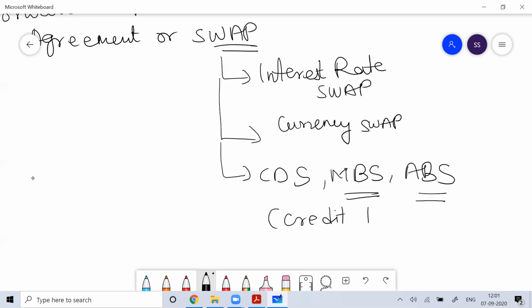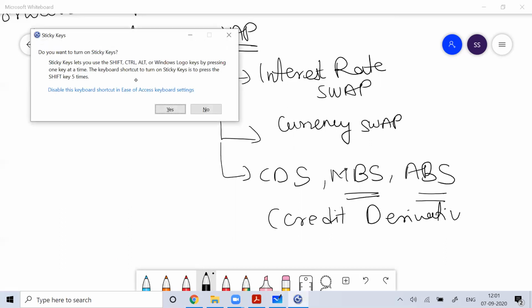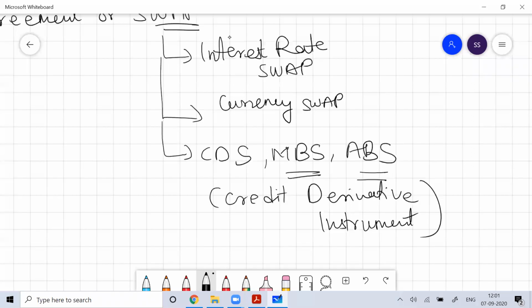These are basically credit derivative instruments. Try to learn about them. So CDS, ABS or MBS are basically credit derivative instruments.